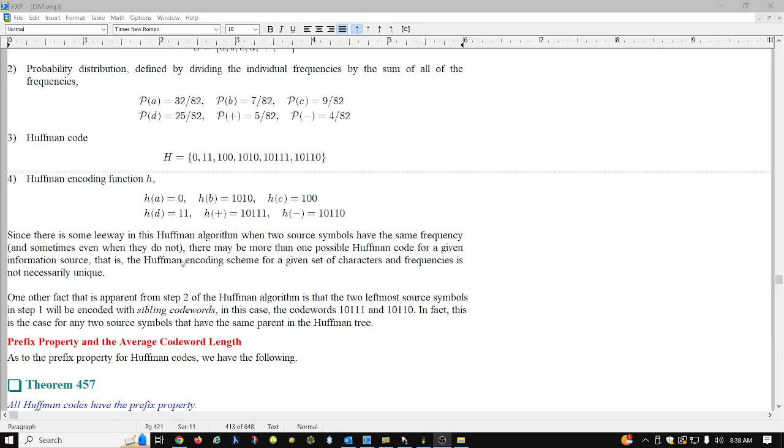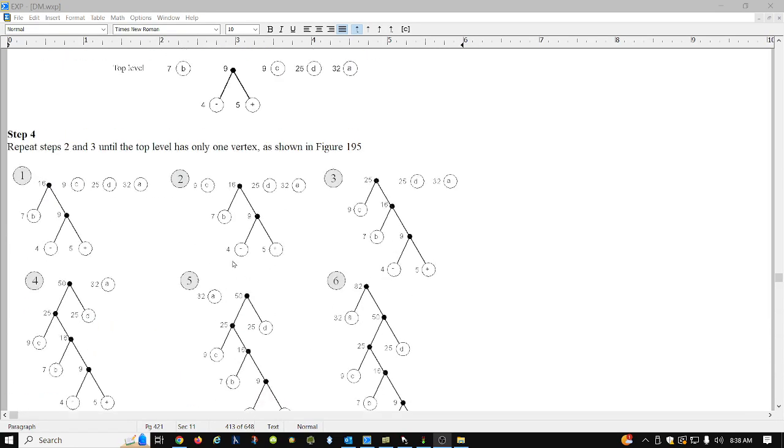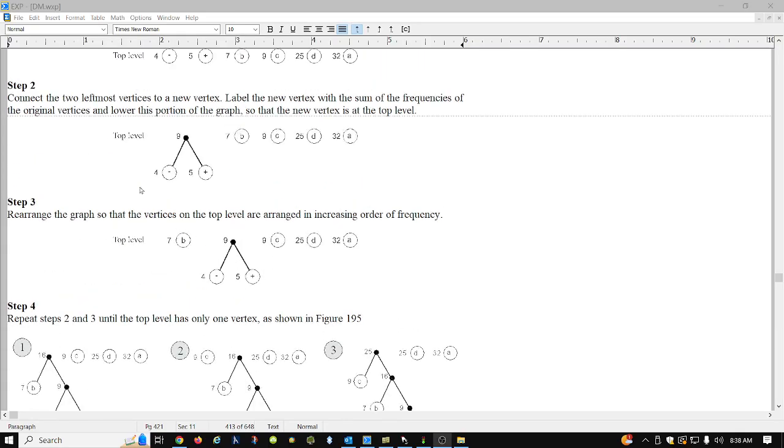Another fact that's apparent from the algorithm at step 2, in fact, is that these two characters, which are characters of the smallest frequency, or frequencies, could be different frequencies, 4 and 5 in this case, they will end up in the tree as siblings, and they have the same parent.